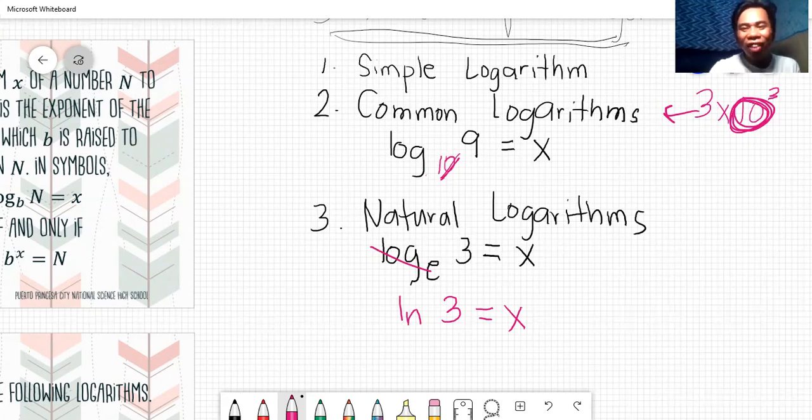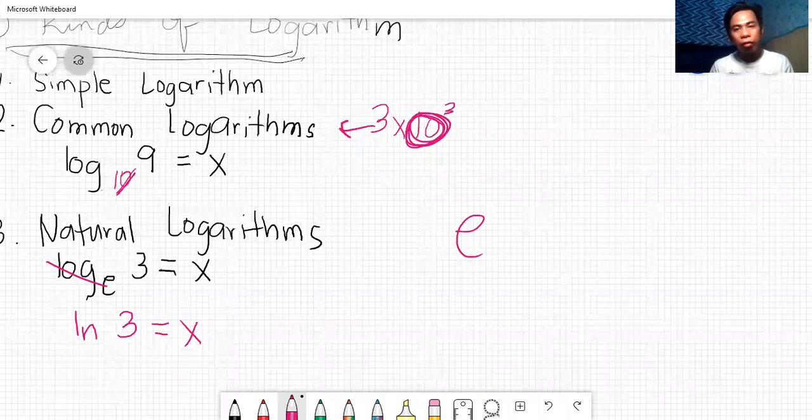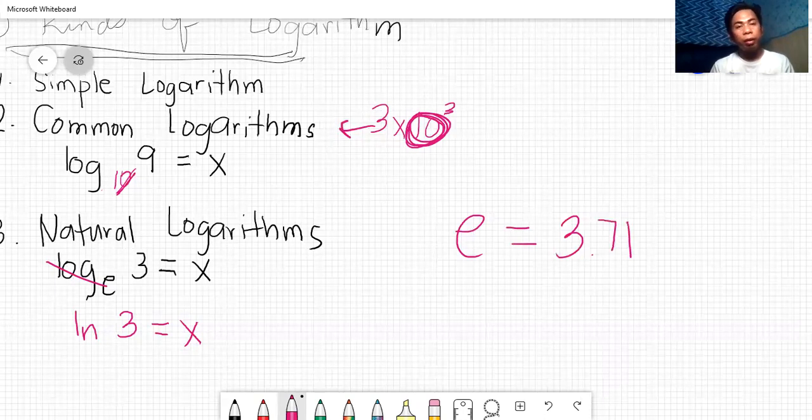If you still remember from exponential functions, we have an exponential constant e, whose value is approximately 3.71. Actually, it has other numbers that follow, but in two decimal places, in the hundredths place, it is approximately 3.71.